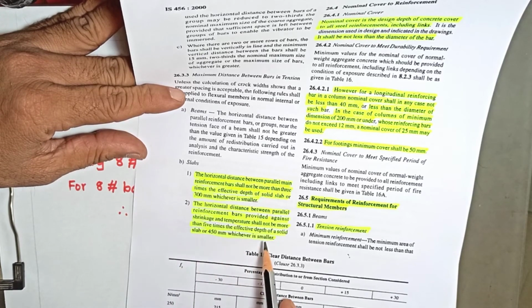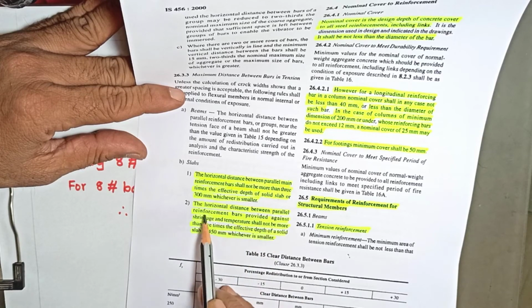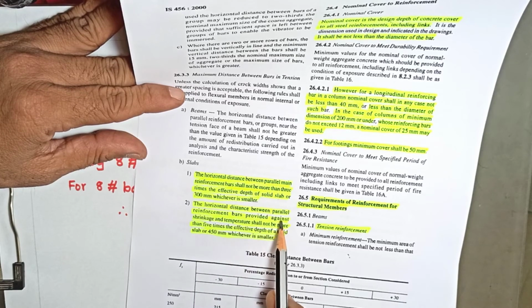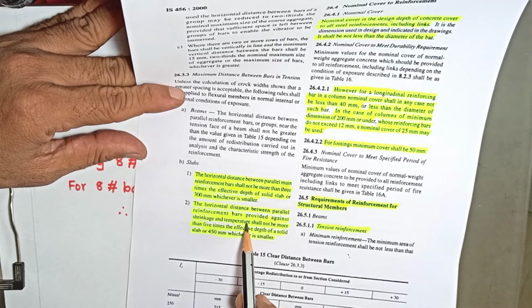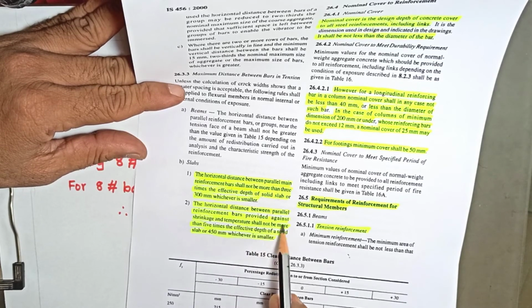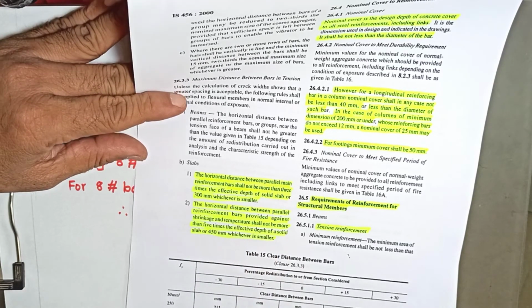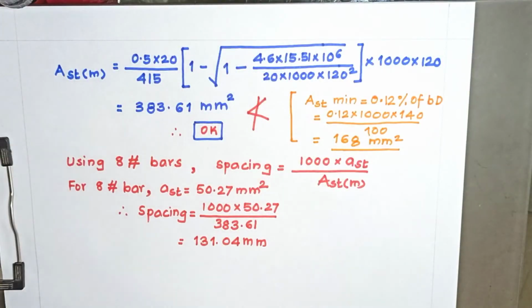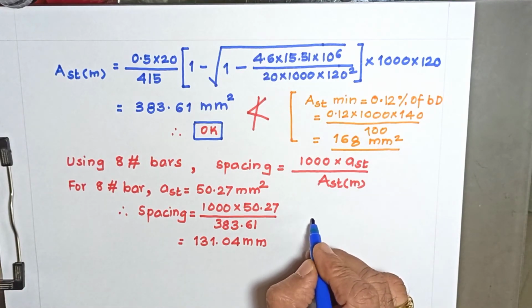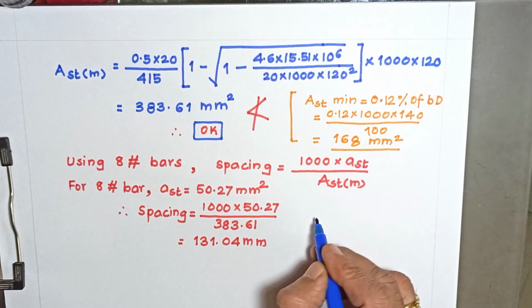Similarly, for distribution steel, the horizontal distance between parallel reinforcement bars provided against shrinkage and temperature shall not be more than 5 times the effective depth of solid slab, or 450 mm, whichever is less. So for main steel it is 3D or 300, whichever is less, and for distribution steel it is 5D or 450, whichever is less.